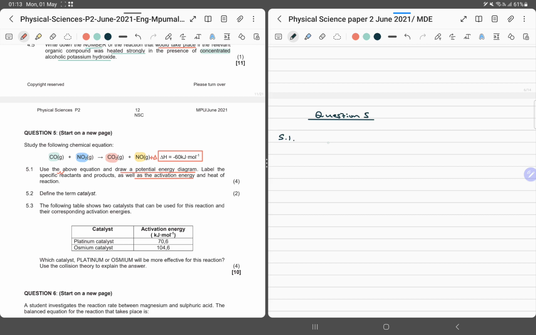So we draw axis here. Slanted. Much better. Okay, so we know that here we talk about potential energy on the y-axis.